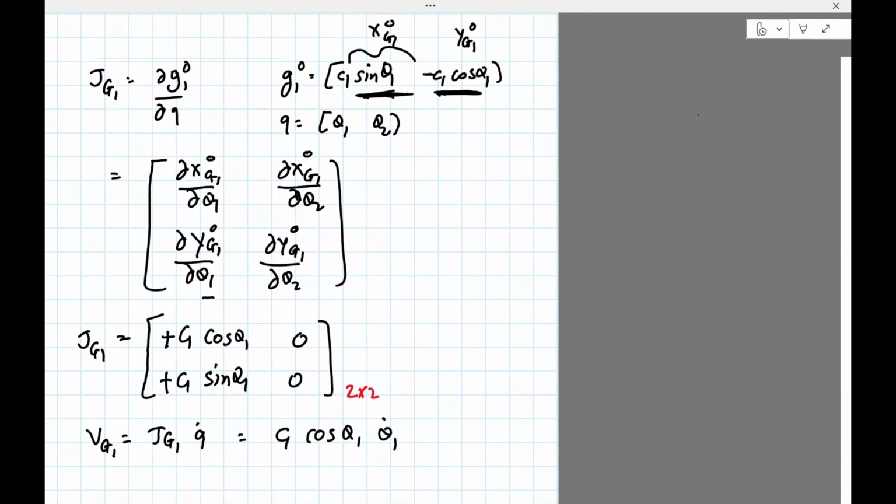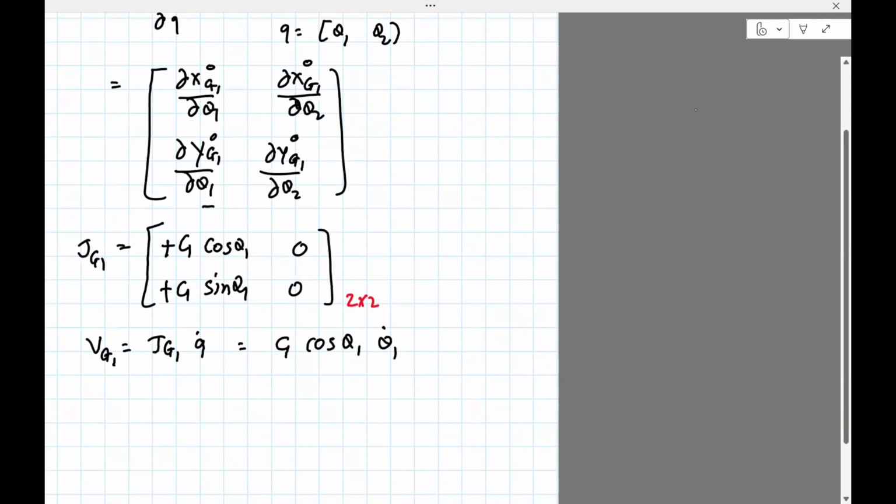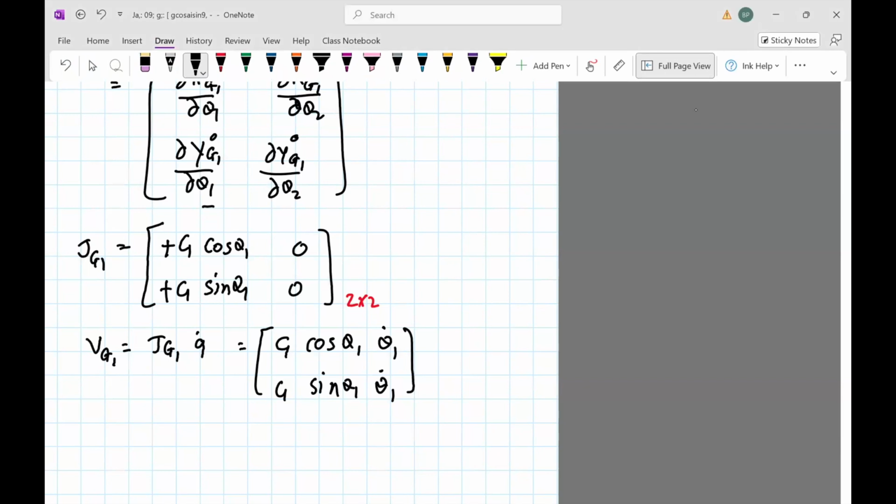My bad. So this answer would come out to be C1. So that's the answer.